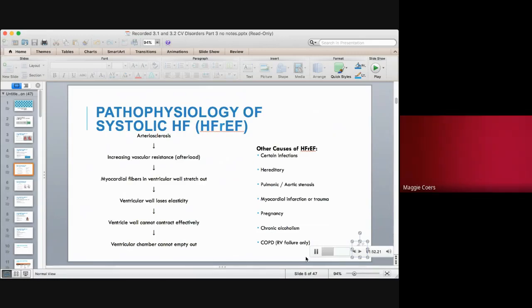Some other causes of heart failure are also listed here on your slide. Things like infections, such as mononucleosis, also Lyme disease, rheumatic fever, myocardial infarction, and aortic stenosis can also cause heart failure.